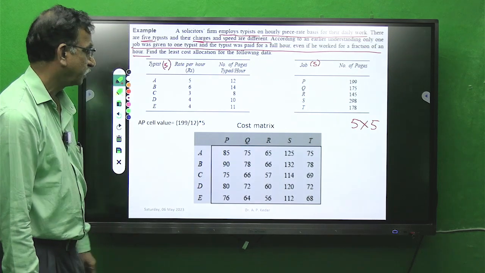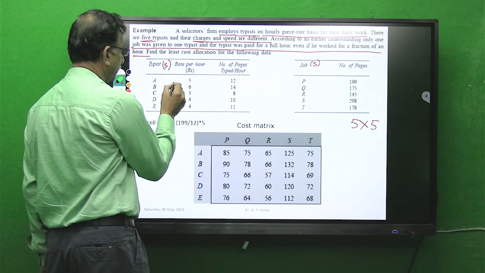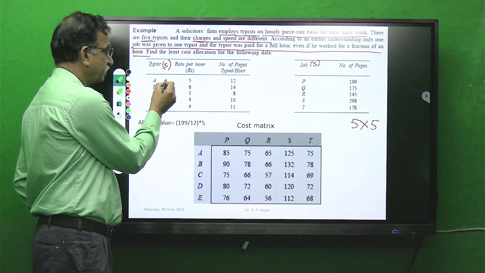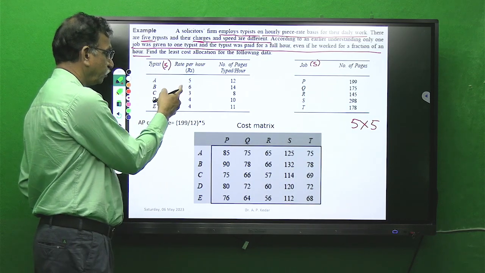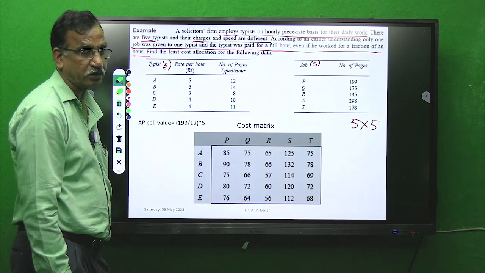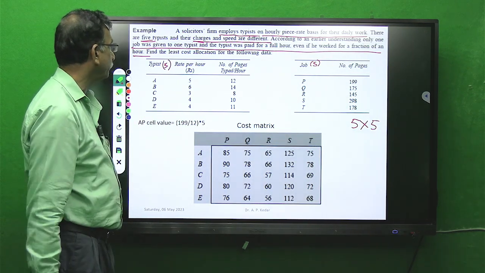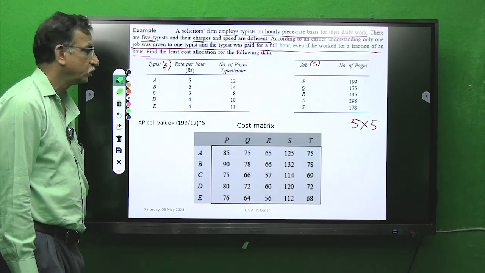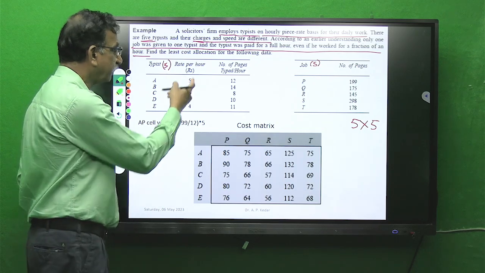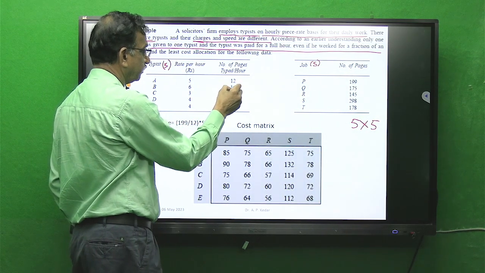Now see here, the data is like this. It is the rate per hour by different typists. Typist A quotes 5, B quotes 6. So typist B is quoting a higher rate than the others. The lowest quote is by typist C, 3 rupees per hour he is charging. And depending on their ability, the number of pages they can type per hour are given.